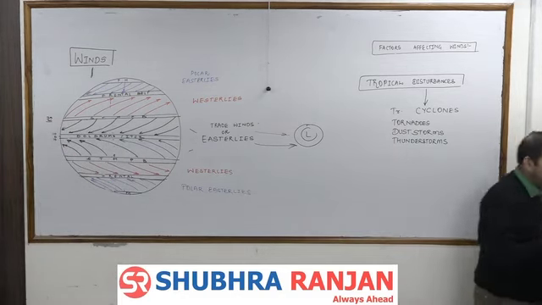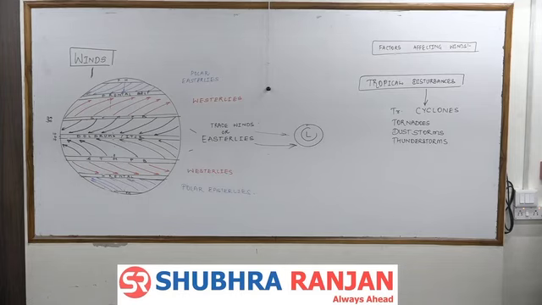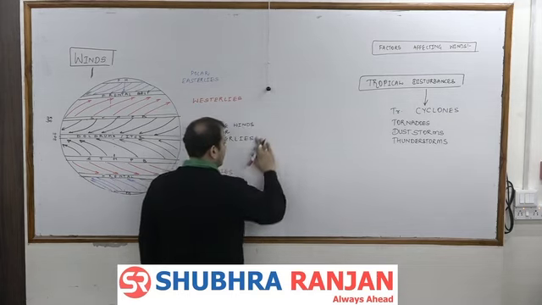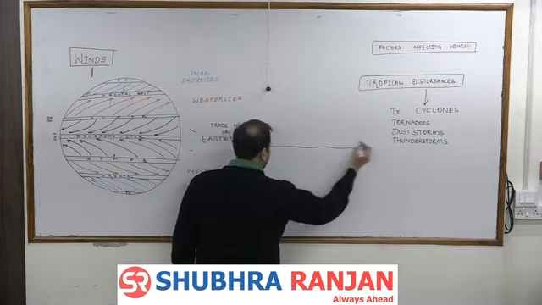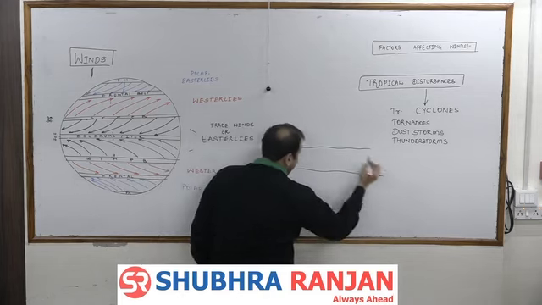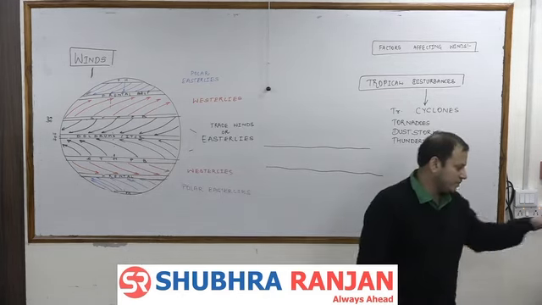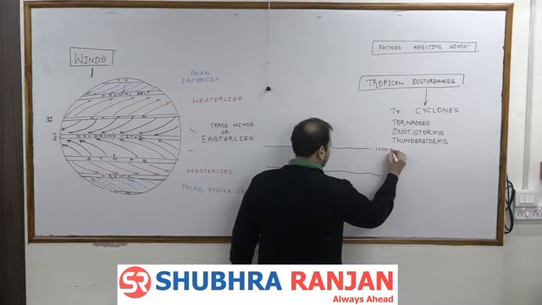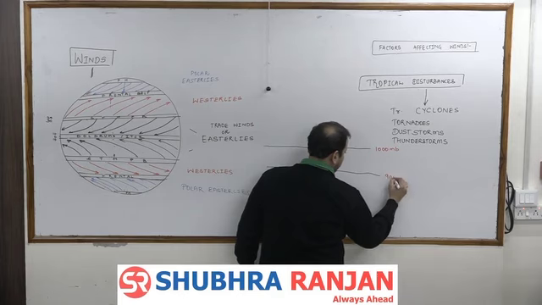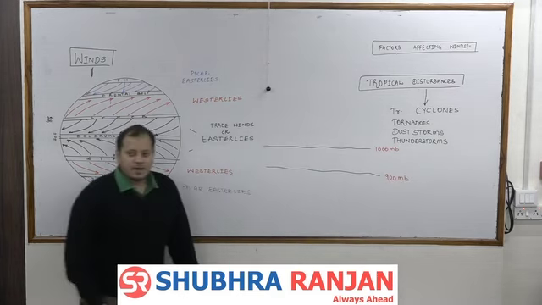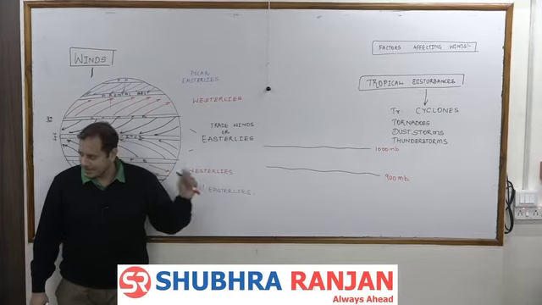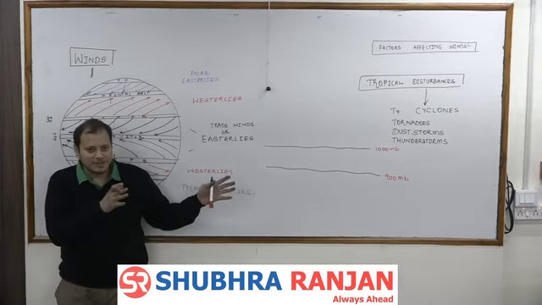NCERT का line है, so write down the pressure gradient force normally acts perpendicular to isobars, isotherms, imaginary lines determining temperature. अब temperature will determine pressure.